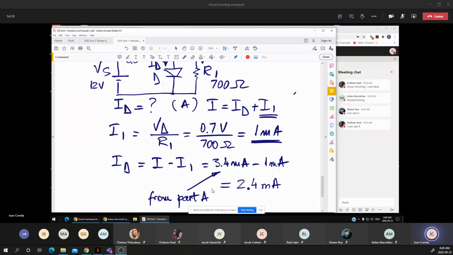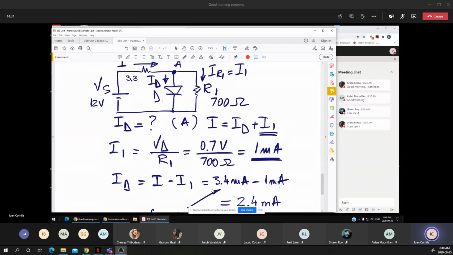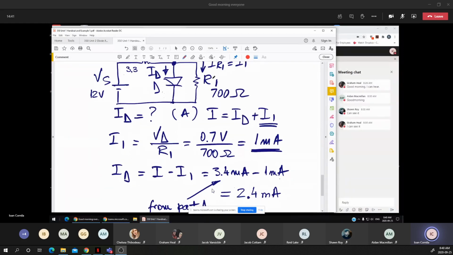Means that the first step, in order to find the ID, is determining the current that flows through the resistance R1. What we know at this point is that the voltage across the resistance is actually the voltage VD across the diode. Means that the current flowing through the R1 is the VD over R1.